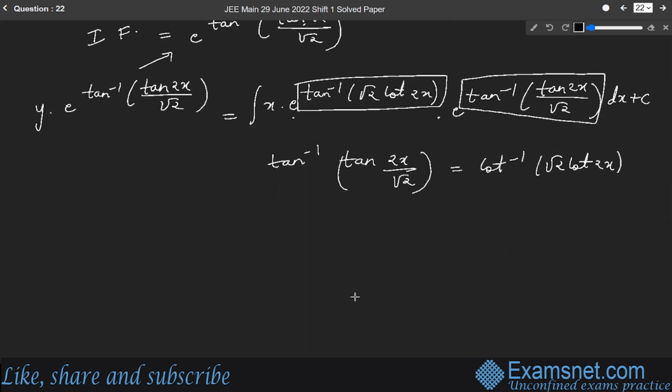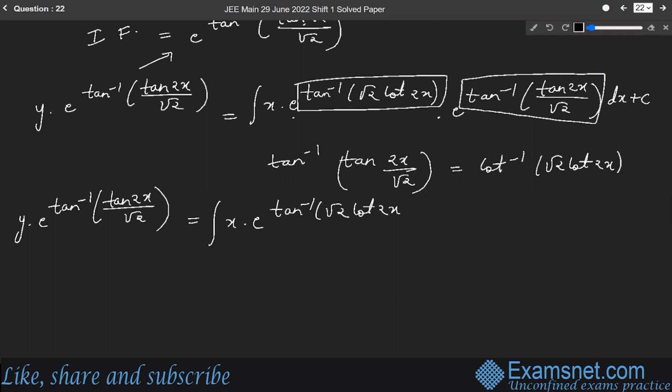So it can be written as y into e power tan inverse tan 2x upon root 2 equal to integral of x into e power tan inverse root 2 cot 2x into e power cot inverse root 2 cot 2x dx plus c. Now, since the base is the same, the powers will be added.